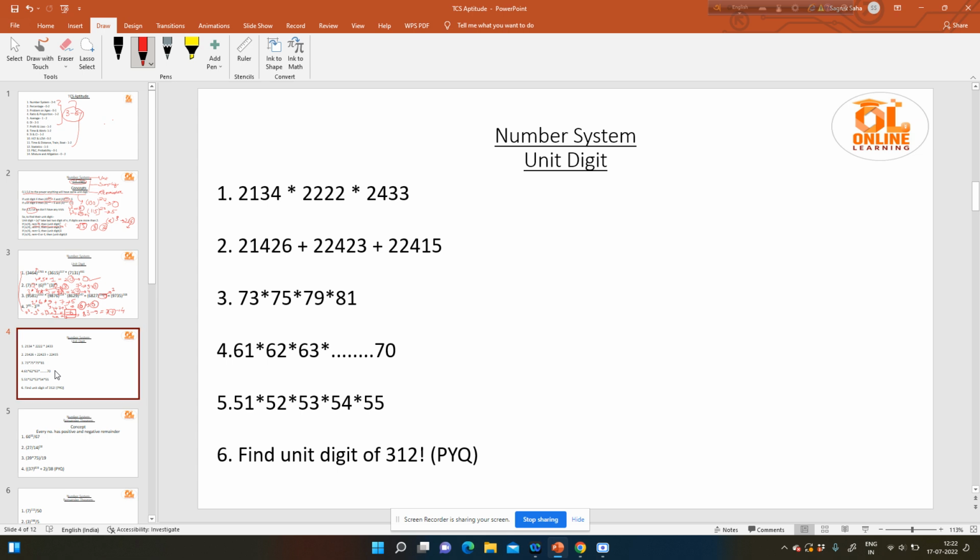Okay, in this type of question there is no power present. So 2134 into 2222 into 2433. We will only take the unit digit of all the numbers. 4 into 2 is 8, into 3 is 24. Okay, so what will be the answer? Unit digit is 4. Okay, in this case also we will take 6, 3 and 5.